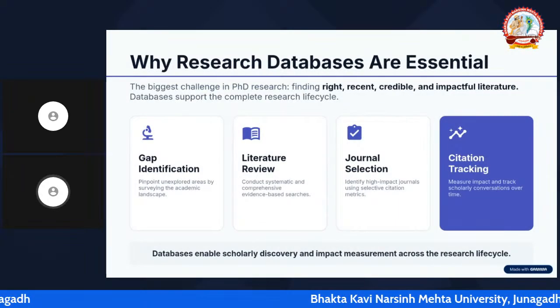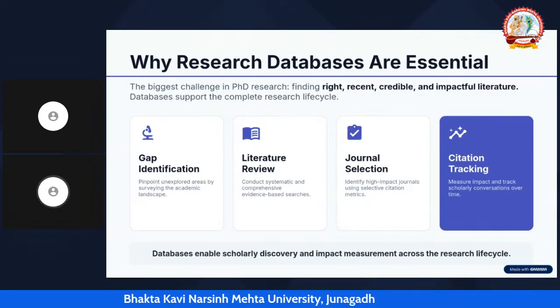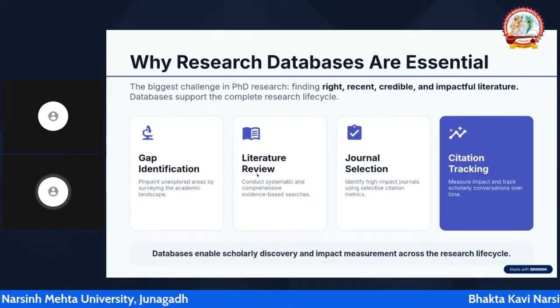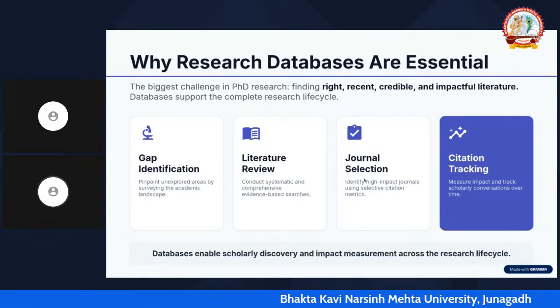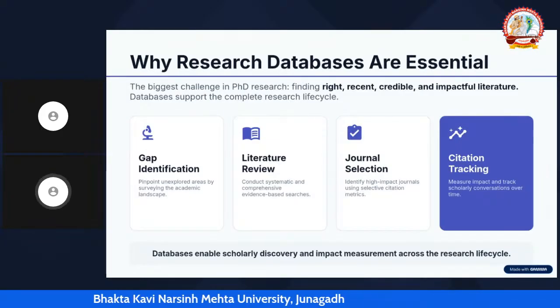Why are research data sets essential for gap identification, literature review, and journal selection? We have already discussed journal selection. Some data sets, for example IEEE, mostly focus on engineering concepts and computer applications.